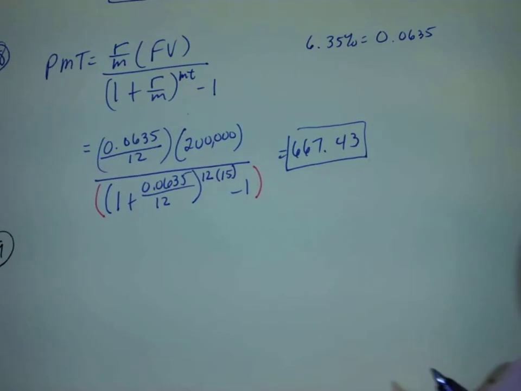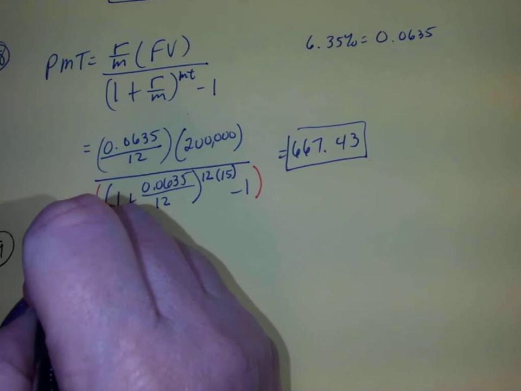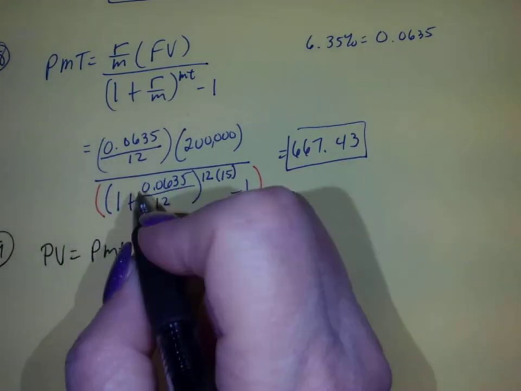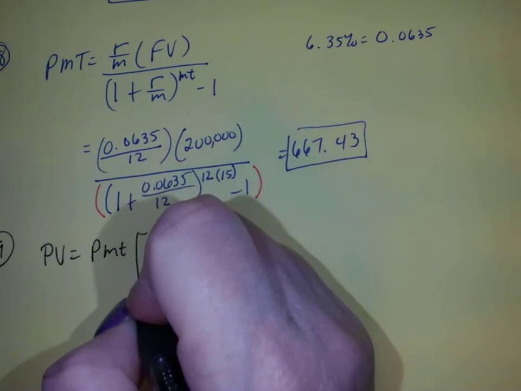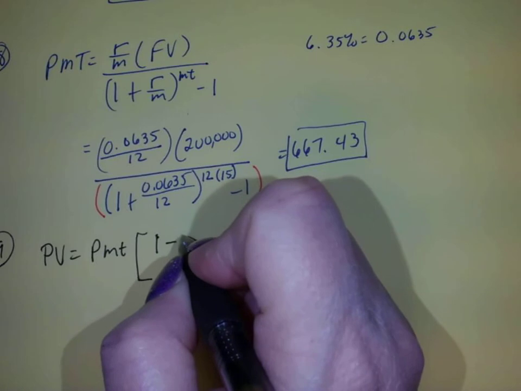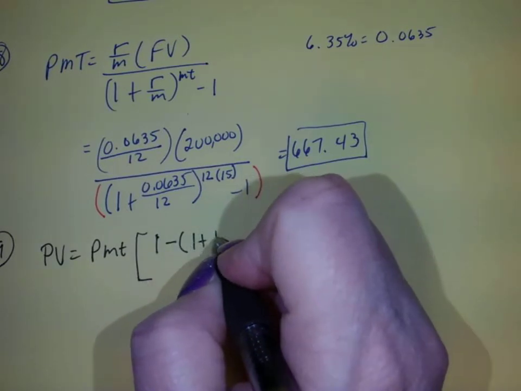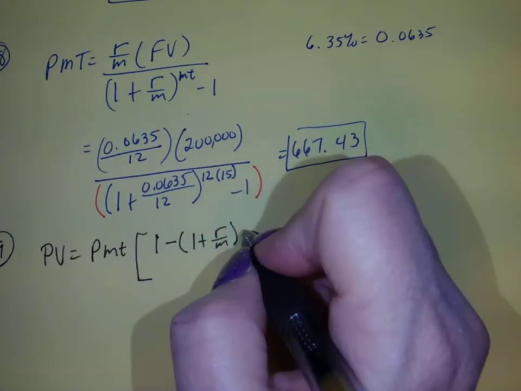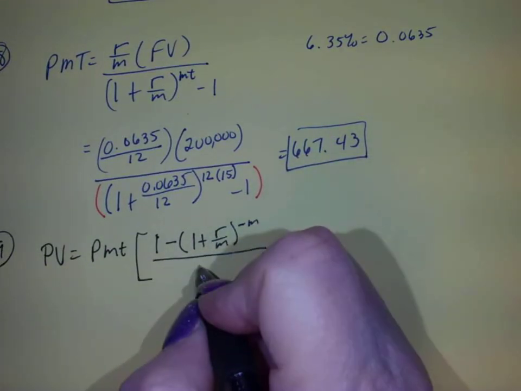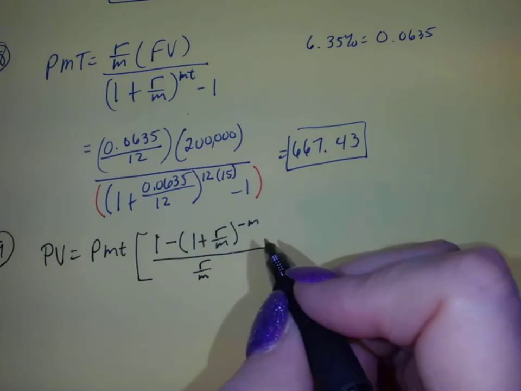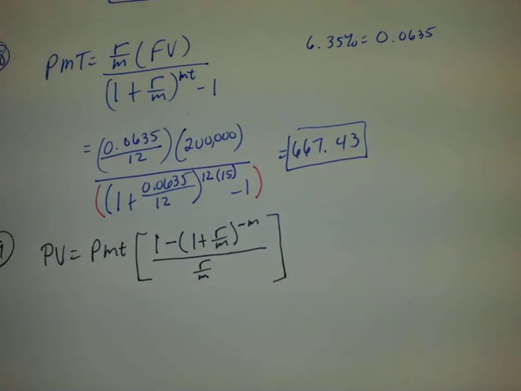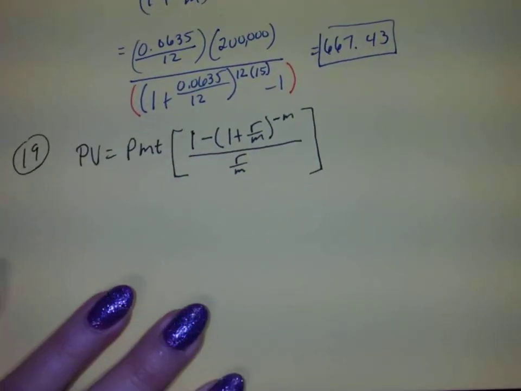So in this case, the formula that we're looking for is that present value is equal to the payment times 1 minus 1 plus r over m raised to the negative m, all over r over m. So we're going to have some added parentheses in here as well.